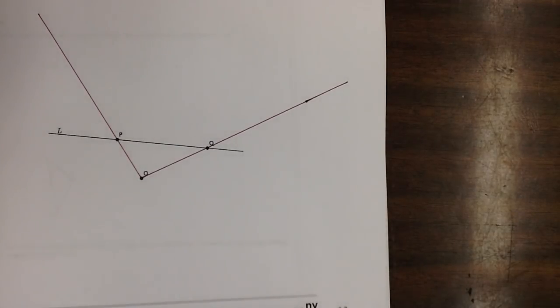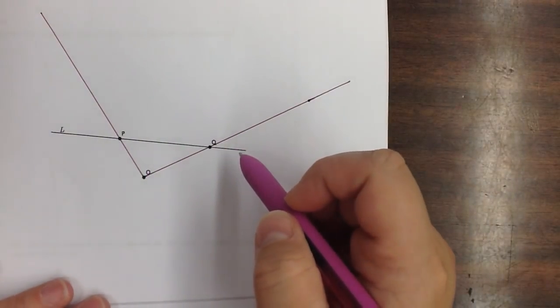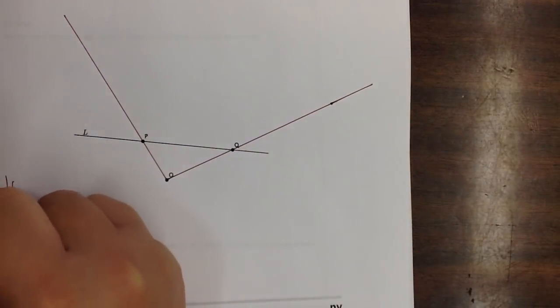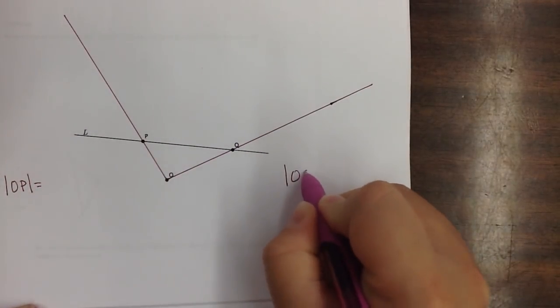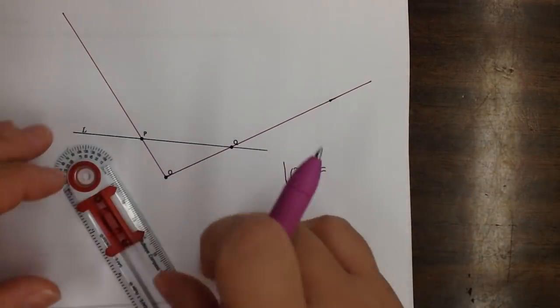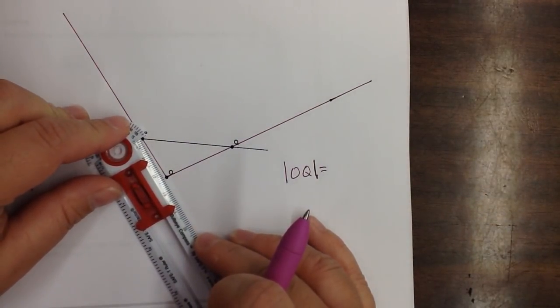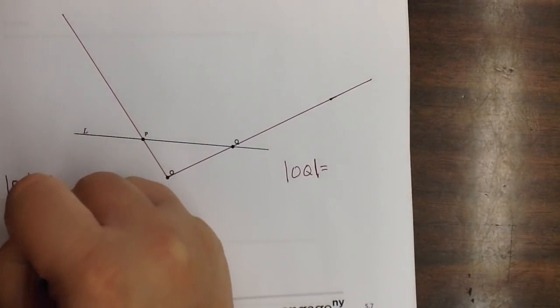So what we have to know first is the distance from O to P and O to Q. So the distance from O to P and the distance from O to Q. I'm going to measure that first. So center of the dot to center of the dot. 2.3.